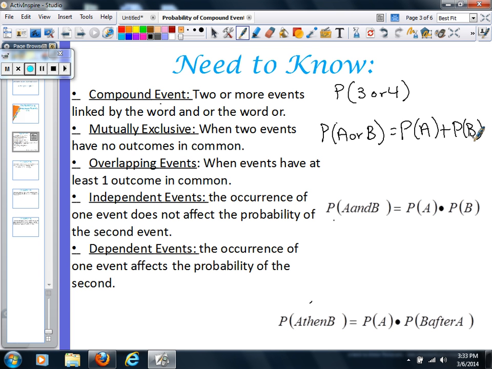And then for overlapping events, the probability of A or B is going to be the probability of A plus the probability of B minus the probability of A and B. Okay? And we'll get into this in a minute here.